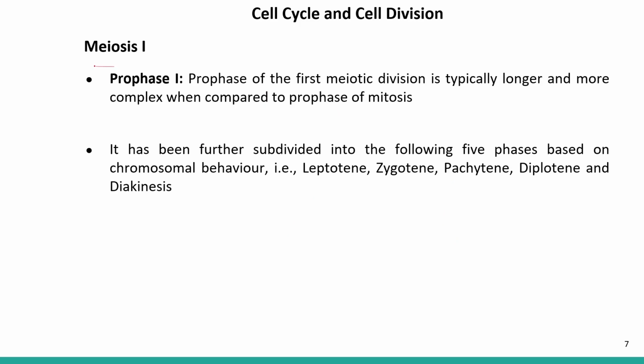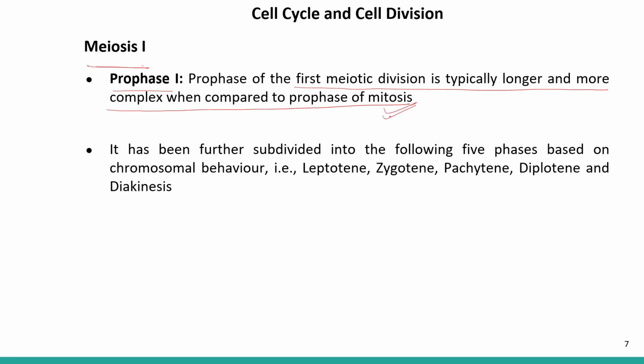So meiosis 1, the first division, is the prophase 1. The prophase 1 of the first meiotic division is typically longer and more complex when compared to the prophase of mitosis. So if we compare the prophase of mitosis and meiosis, there is a drastic difference.